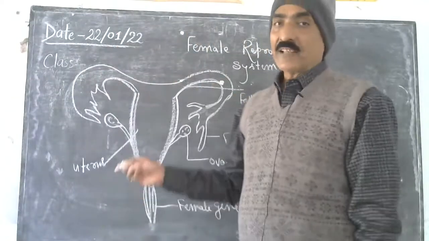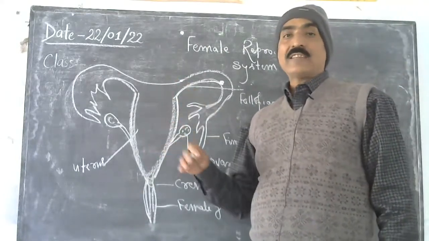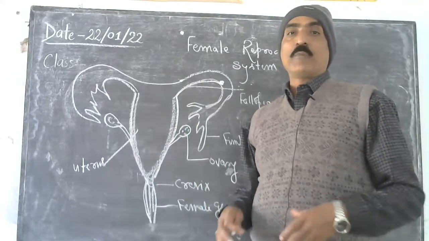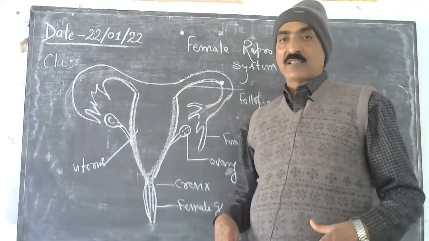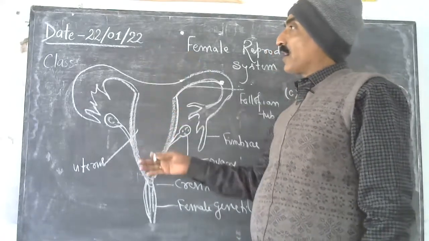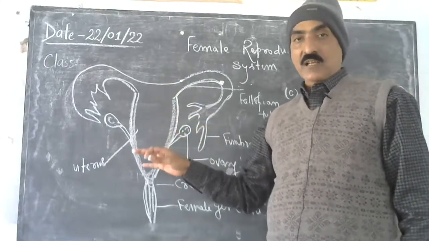Unlike the male reproductive system, the female reproductive system lies inside the abdominal cavity, below the abdominal cavity in the muscles. This is the dissected part or vertical section of the female reproductive system.